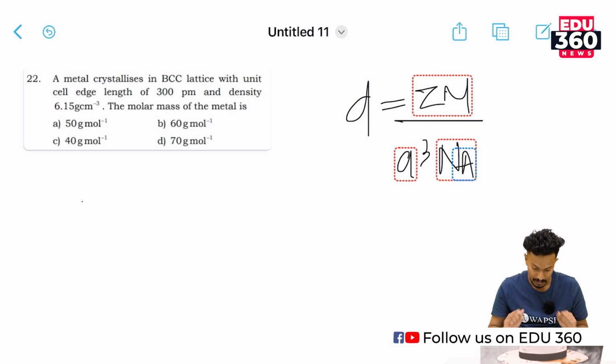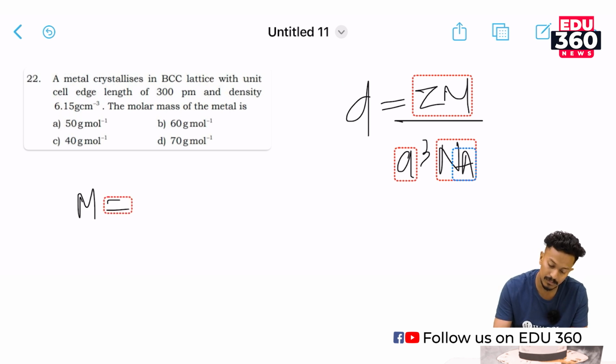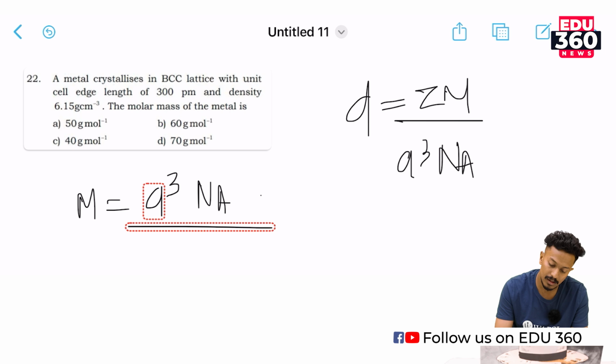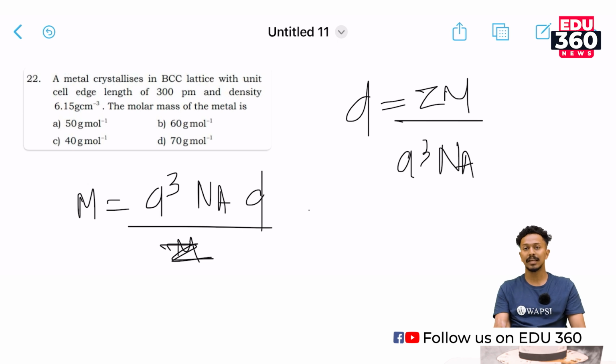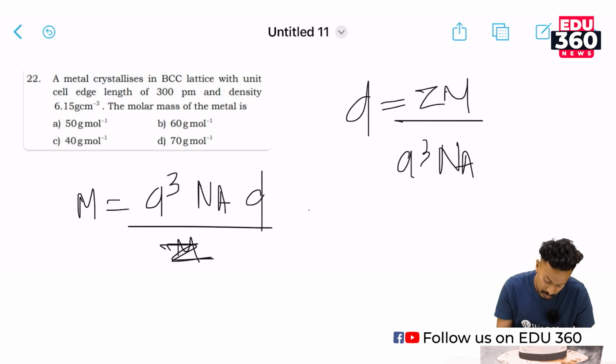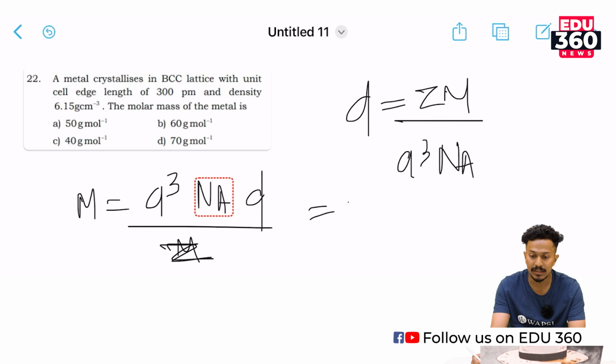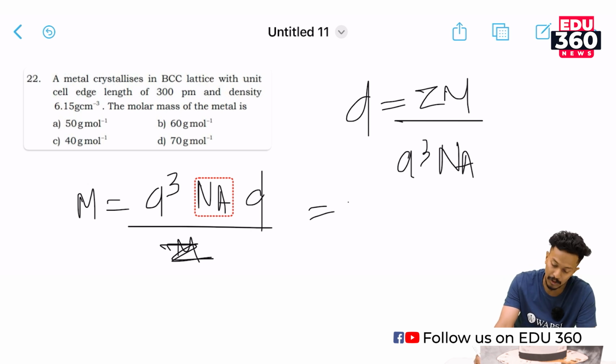So here you have to determine the molar mass, which is M equals a cube Na D by Z. We do know that in BCC structure the Z value, the number of atoms present in a unit cell, is 2. So we could write a cube, which is 300 picometer.